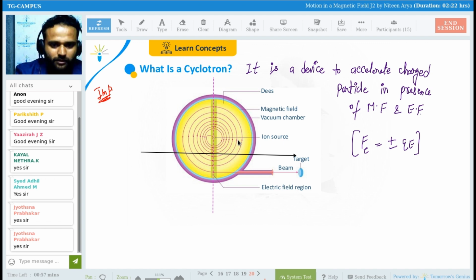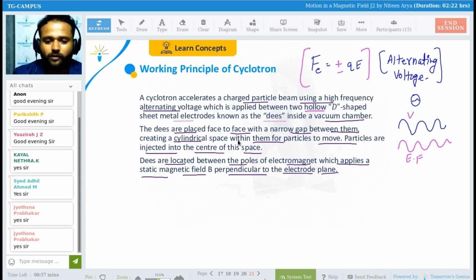Clear everyone, right? It can be positive y or positive z, negative y, negative z. The main thing is that it is perpendicular to the electrode plane. Clear? So this is your working principle.